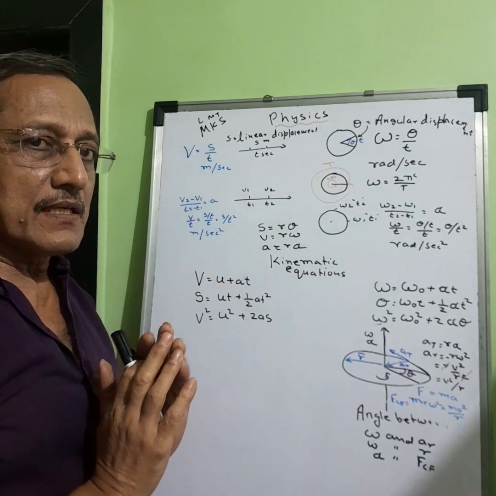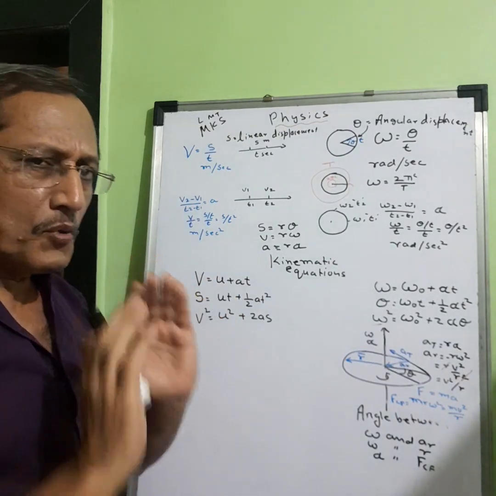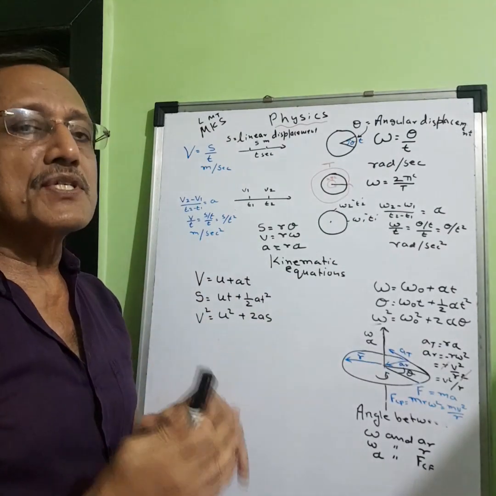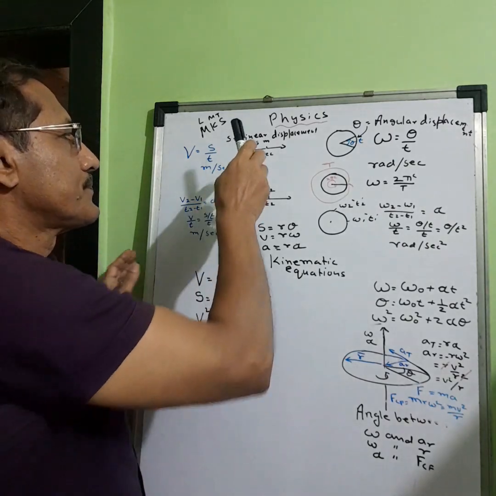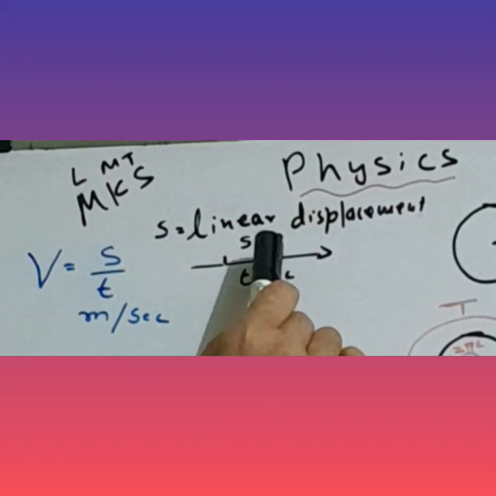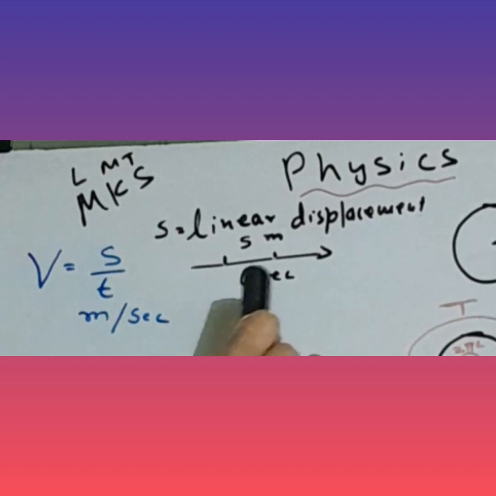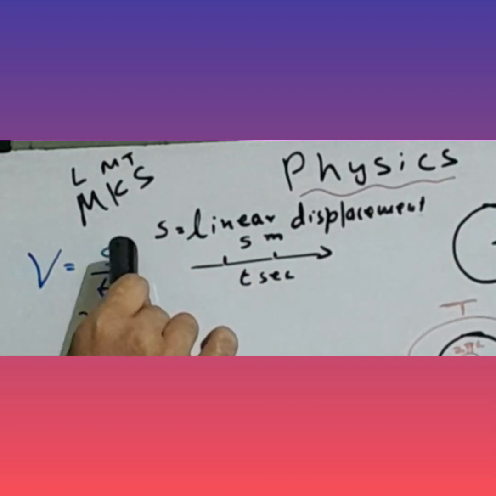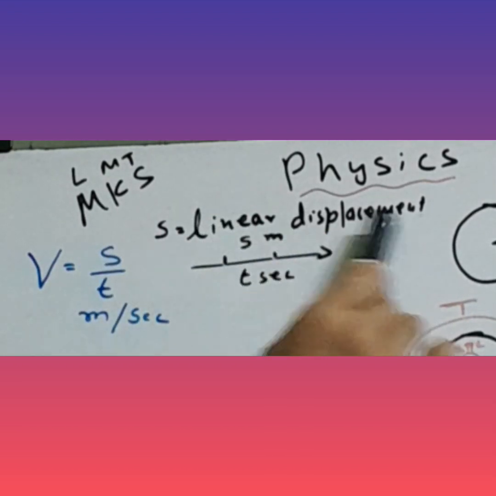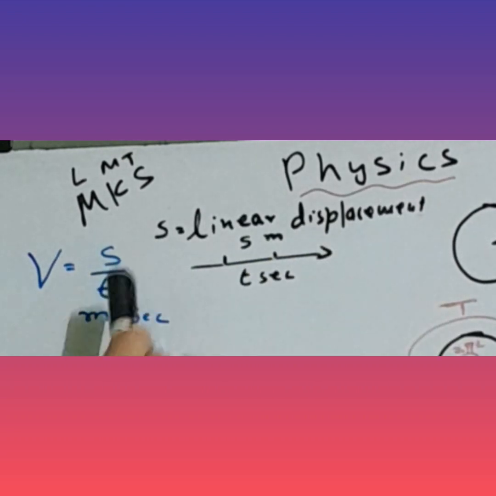That's the basic unit that we use for most of the calculations unless mentioned otherwise. So length would be in meter and time would be in second, and velocity would be distance over time. Linear distance upon time would be meters per second.